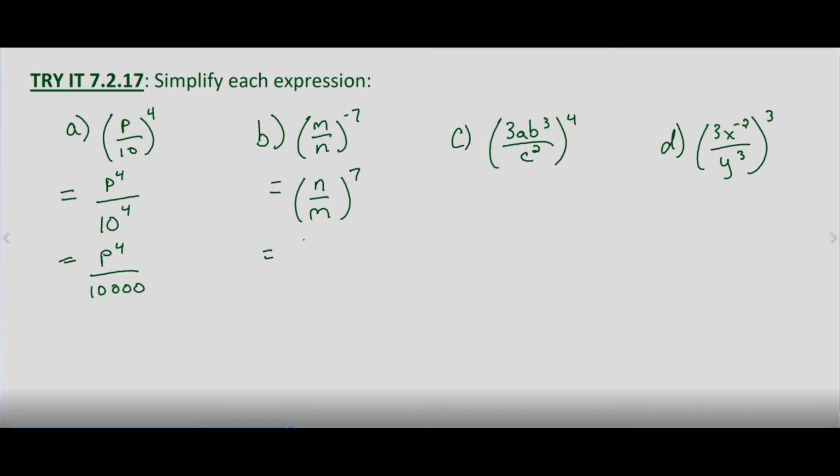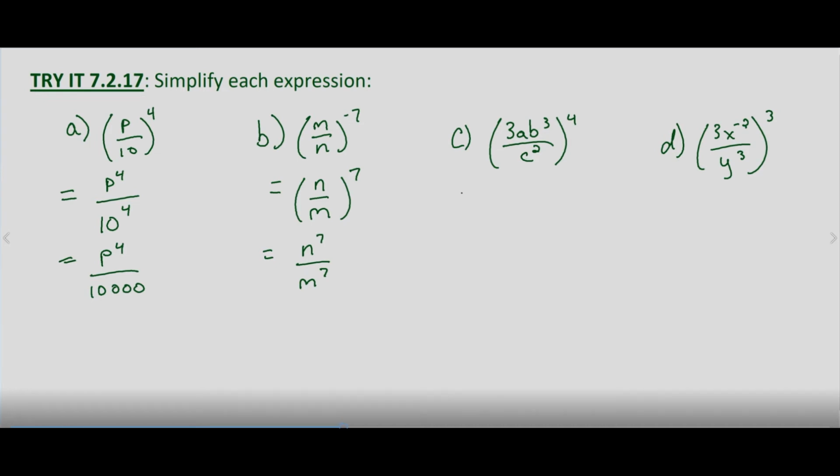And then we distribute to both the numerator and the denominator, which equals n to the seventh over m to the seventh. And we could have distributed the negative first. We would have ended up with the same solution.